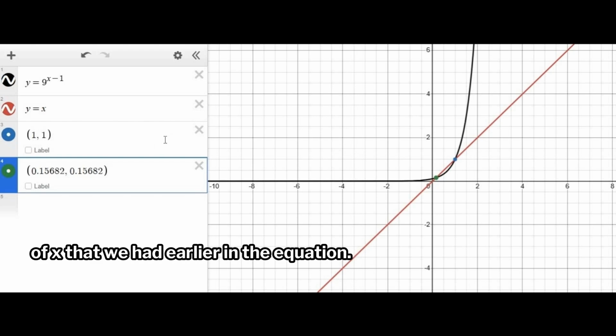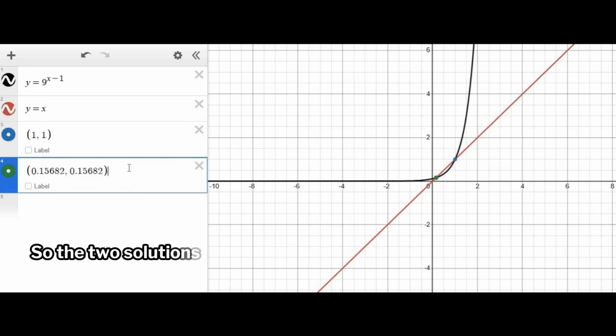So the two solutions that we have graphically are x equals 1 and x equals 0.15682.